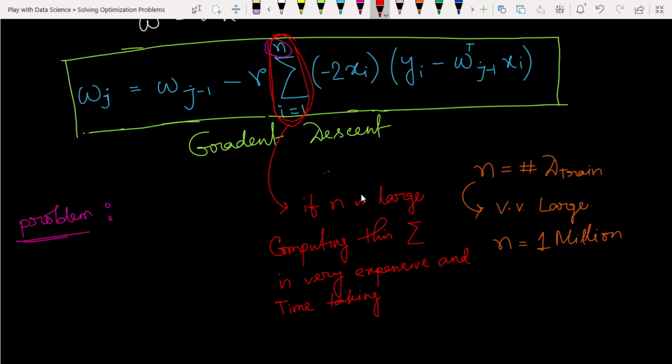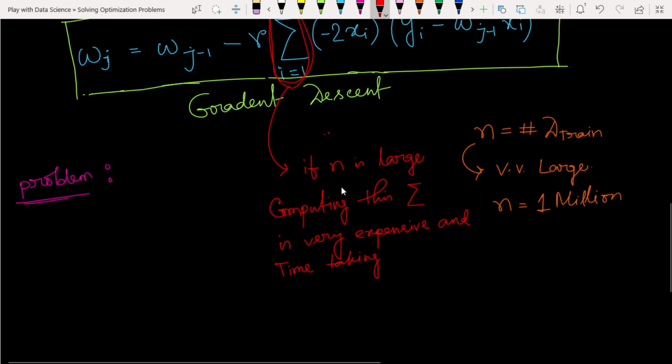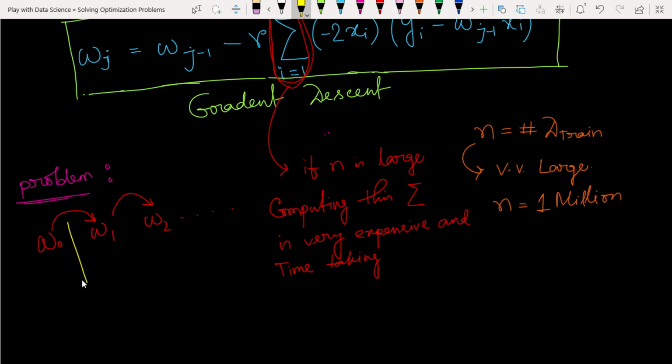If our training data set is so large, then calculating these summations is very expensive and also time taking. So to go from w0 to w1 and w1 to w2, in each step we need a huge amount of time to calculate this.